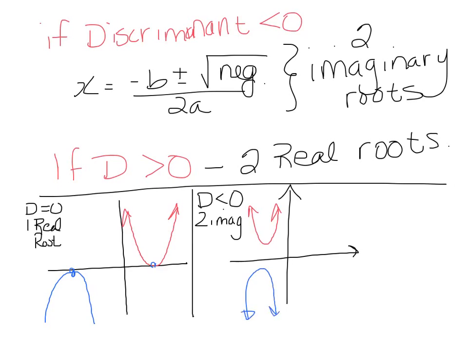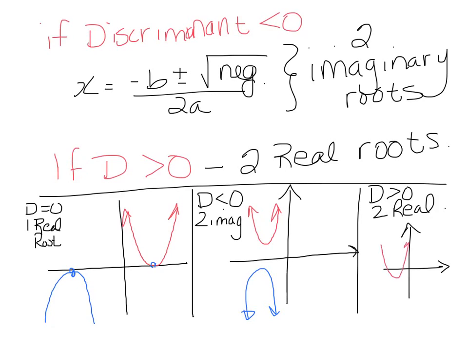And then finally, when the discriminant is greater than 0, you have two real roots, so you have two x-intercepts, and you draw your graph like this, or perhaps it's upside down, we don't know.